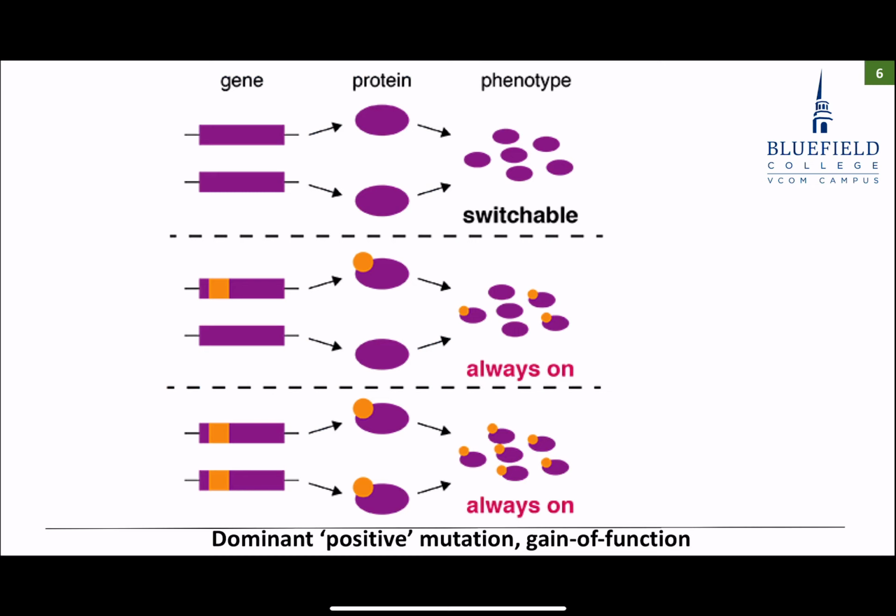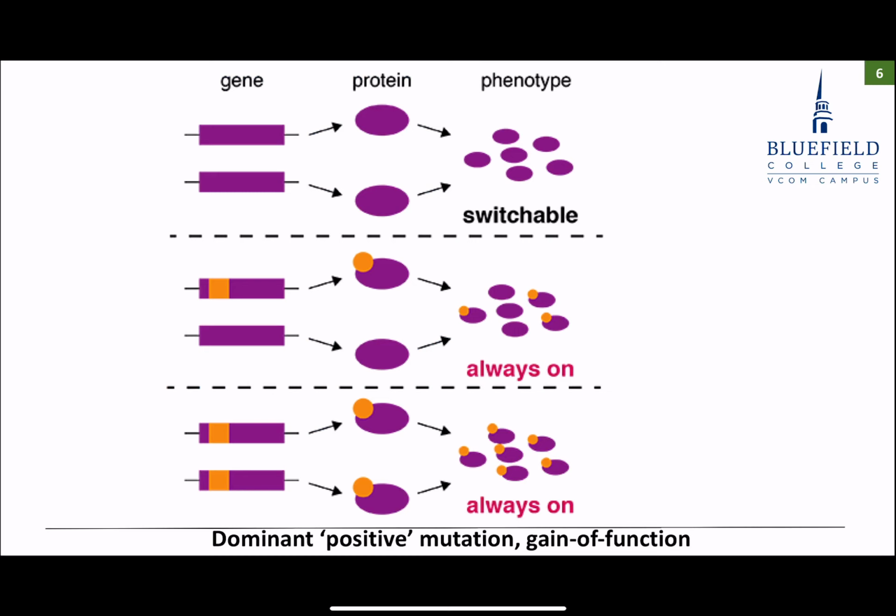When this mutation happens in one of these alleles, let's assume that affinity to this ligand increases. So the conformation of the protein, the structure of protein, changes in such a way that interaction between the protein and its ligand is now easier.